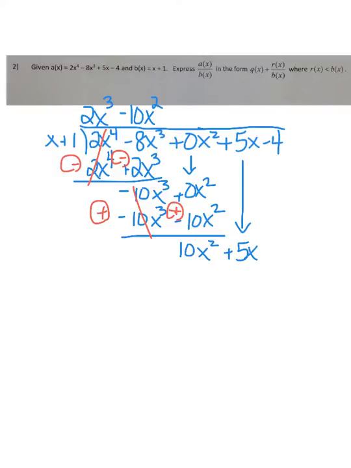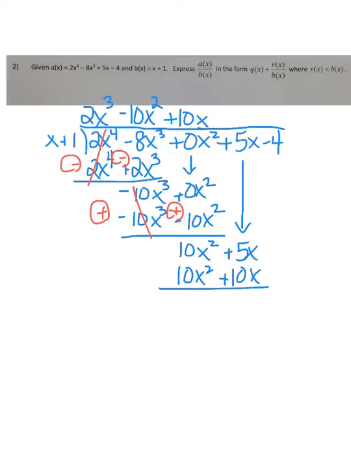And let's do it again. So what am I multiplying this x by to get to 10x squared? And that would be a positive 10x. So I'm going to multiply that through, and I'm going to get 10x squared plus 10x.